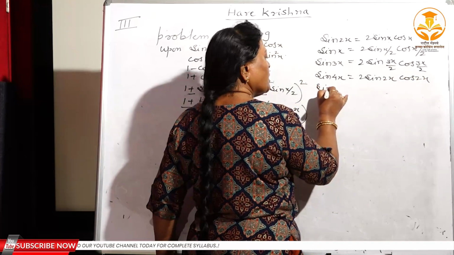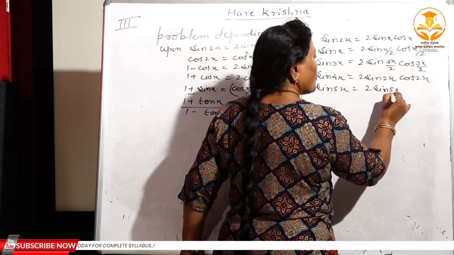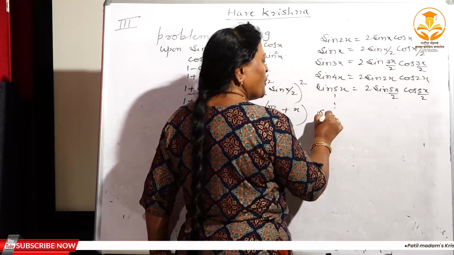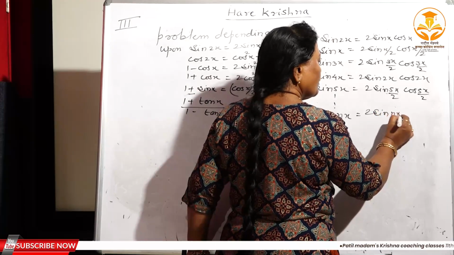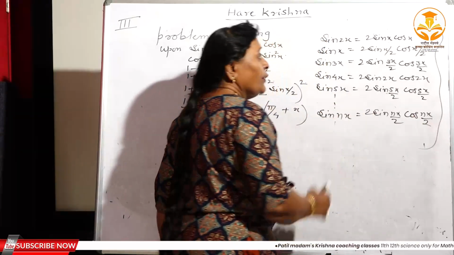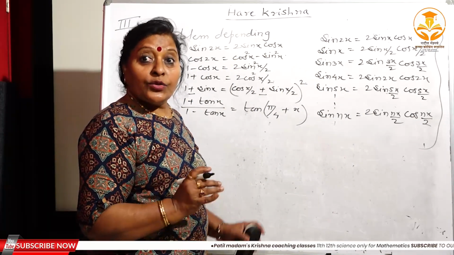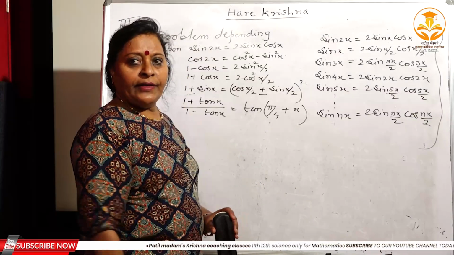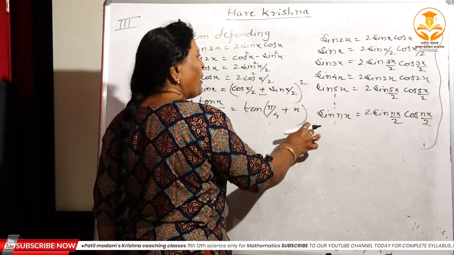Suppose sin 5x, then you can write as 2 sin 5x by 2 cos 5x by 2. Right? So, in the same way, suppose sin nx, then you can write 2 sin nx by 2 and cos nx by 2. Right? So, in this way, you can bifurcate the formula according to the problem, isn't it? So, whatever the problem is given, in that way you have to bifurcate this formula. Only don't remember this, isn't it? You can change this, you can bifurcate this, right?